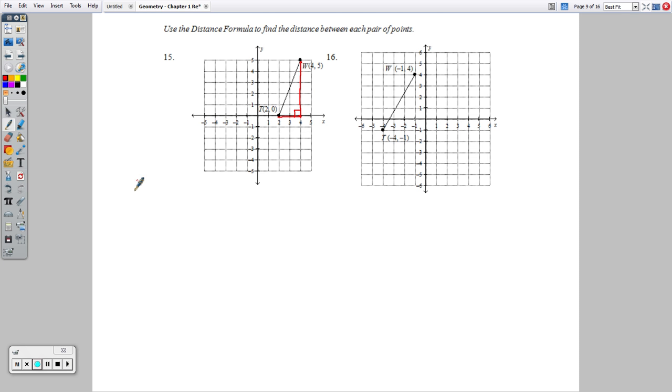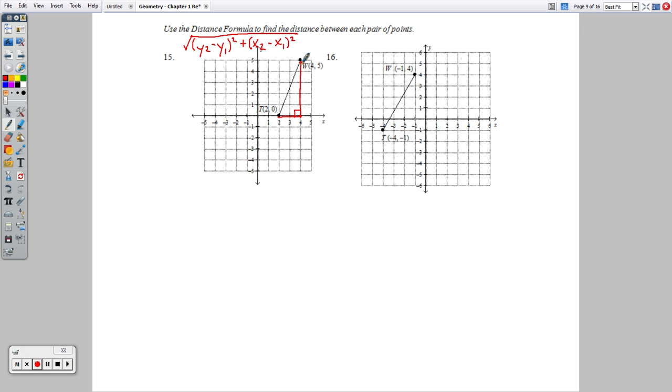If you wanted to do the distance formula, that's the square root of y2 minus y1 squared plus x2 minus x1 squared. So it's the difference in the y's squared plus the difference in the x's squared, the square root of that whole expression. So you could do that. If you want to use that instead, go ahead, be my guest.